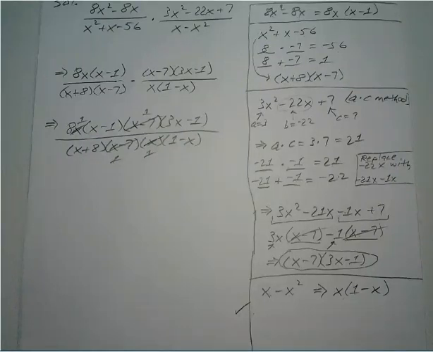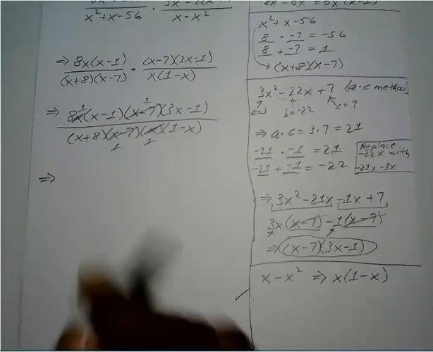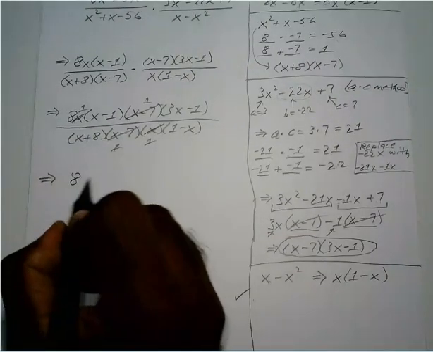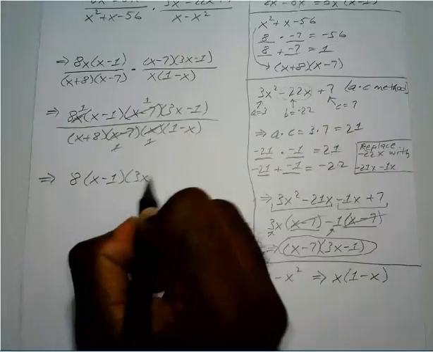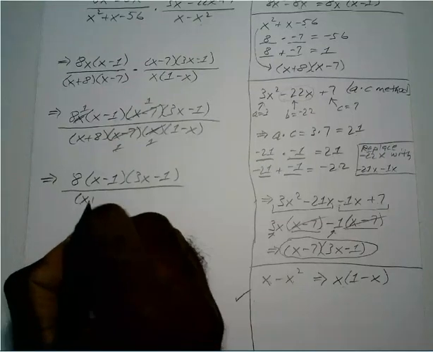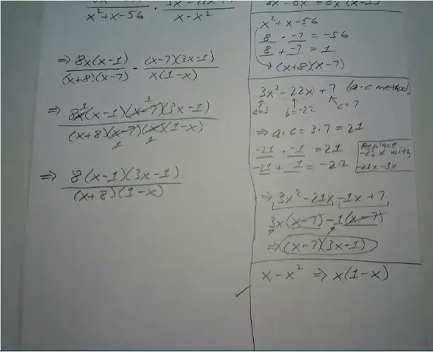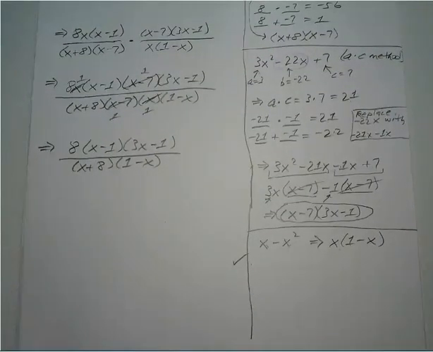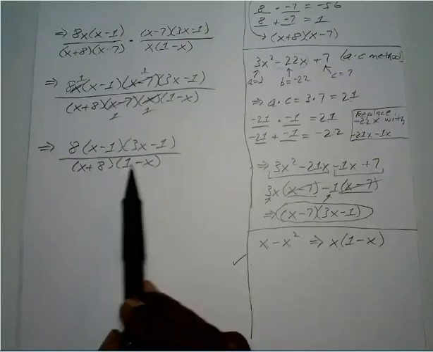Everything that didn't cancel out yet, I'm just going to rewrite. So we have the 8 and x minus 1 and the 3x minus 1, over x plus 8 and 1 minus x. Now if you remember back when we went to our factoring video, you can actually switch up those terms by factoring out a negative 1.